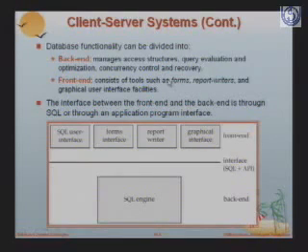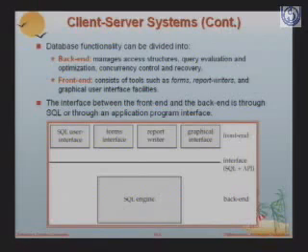So you can see now that database functionality can be divided into two types, the backend and the front end. The backend manages access structure, query evaluation, query optimization, concurrency control, and recovery. All these issues which we have, you might be discussing in subsequent presentations, but all have been highlighted and presented in your MCS 42.